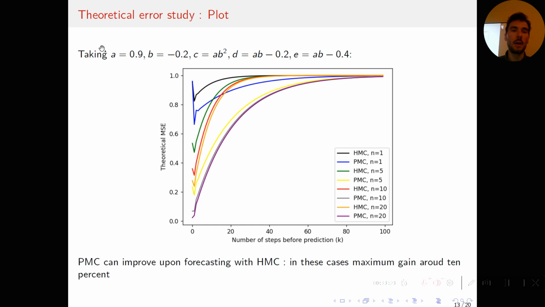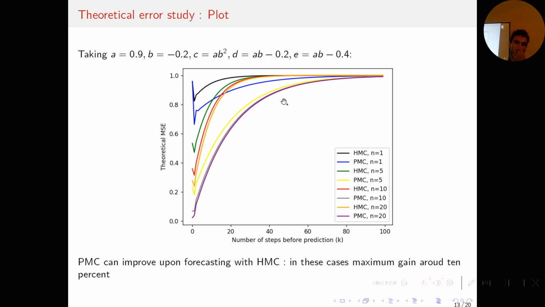Imposing these values, for example, for A and B, and taking C close to the HMC case, we can have a kind of perturbation variation around the theoretical values for an HMC, and see that for all values of the length of chain N, PMC can improve upon forecasting with HMC. In these cases, the maximum gain is around 10%.